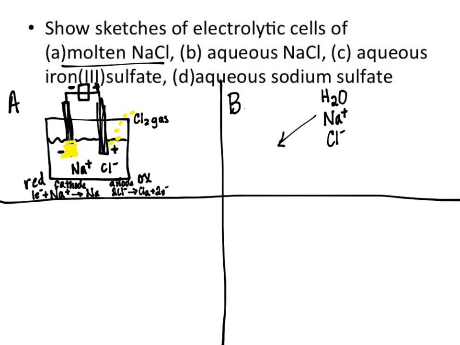So I'm just going to draw arrows here showing we're going to split this up. So we're going to have what is oxidized, which is our anode, and then we have what is going to be reduced, which will be our cathode.